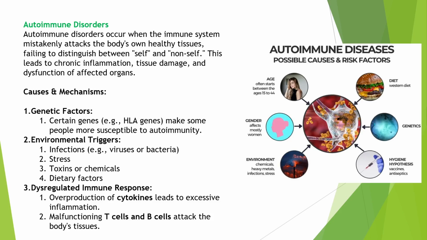So if this capacity or ability of your immune system to separate between self and non-self cells is altered or disrupted, then it will lead to self cell damage, and it will lead to healthy cell inflammation and disorders. So this leads to chronic inflammation, tissue damage and dysfunction of the affected organs.